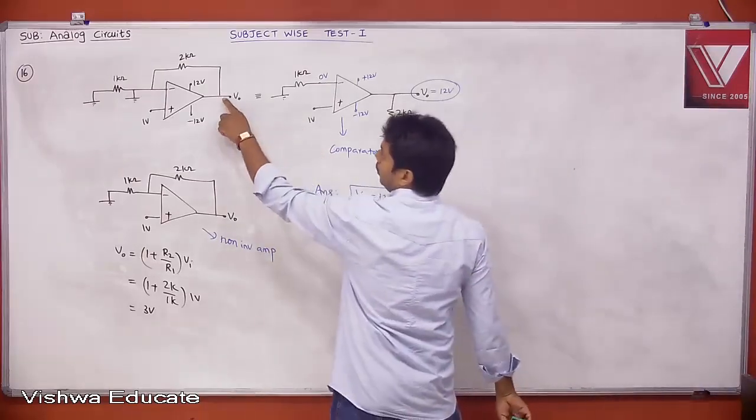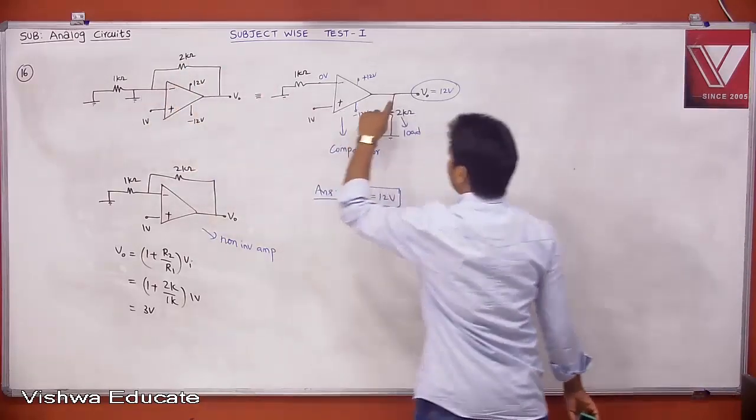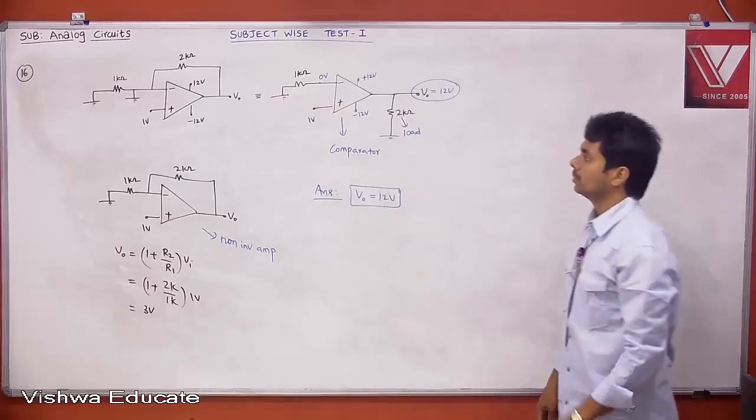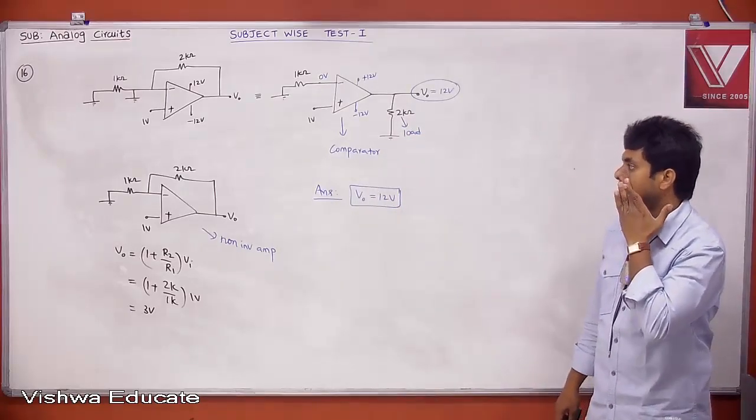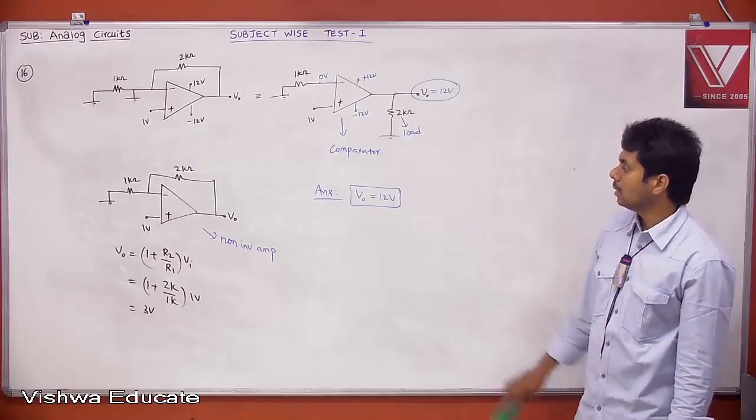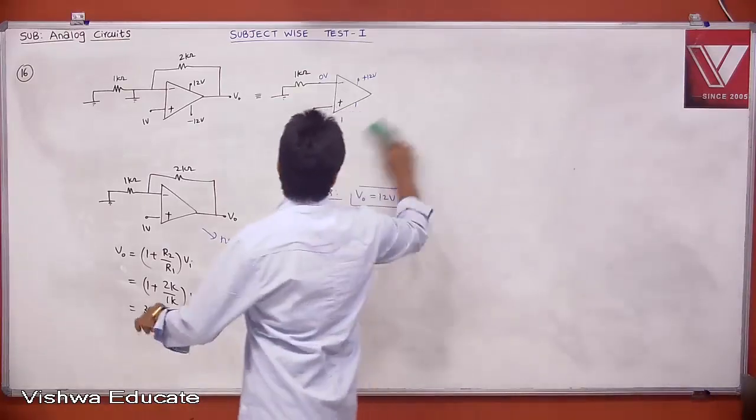This 2K between V0 and ground is a load actually, but represented in that way. Done? Now problem number 17.